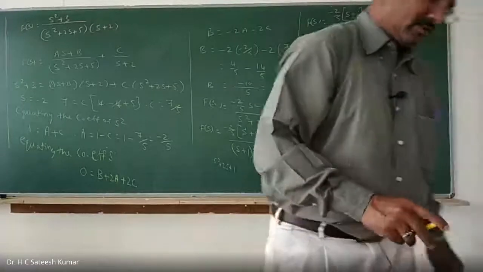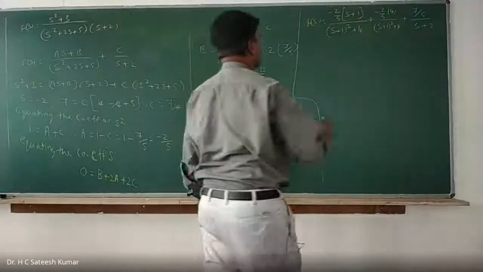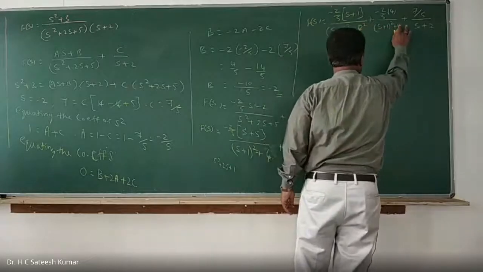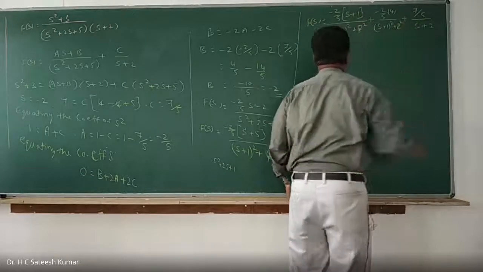Okay, right. So now this 4 we can write as 2 square. That is standard relation, 2 square is also 2 square. One formula is there, you can check it in the table.